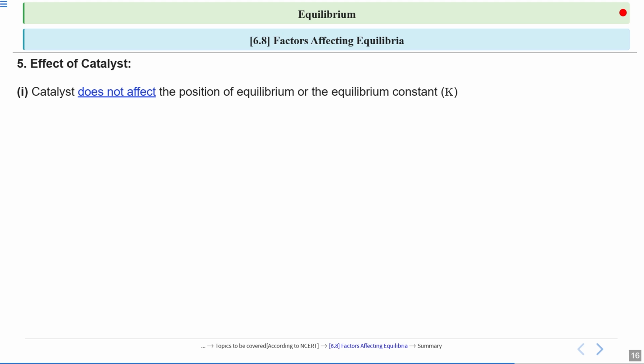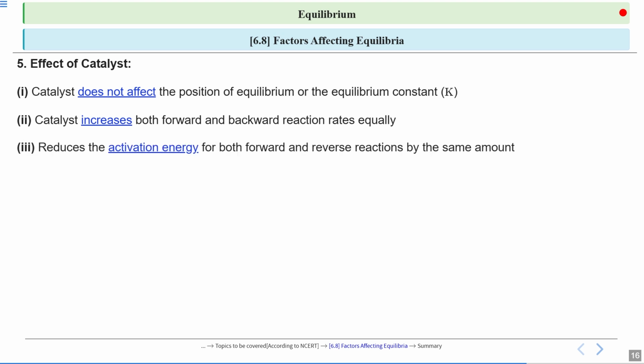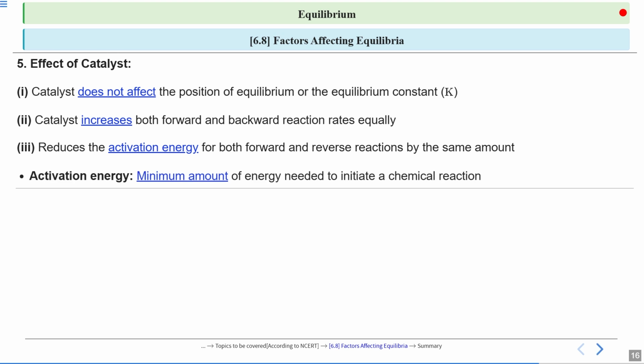The only thing that catalyst does is increase the rate of backward and forward reaction, right? So it increases both of them in an equal manner. As a result of that, what will happen? The activation energy, basically the energy which is required to complete the reaction, is needed in both the forward and backward directions. The catalyst reduces that amount, and as a result, the reaction becomes fast.